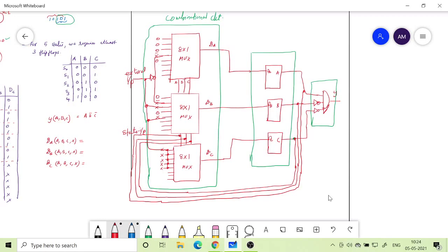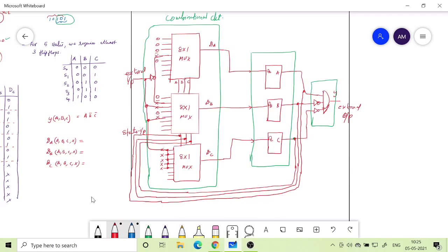So these are my storage element inputs, 3 inputs, DA, DB, DC, and then the output only depends upon the state output. Okay, output from the state controls my final external output. Okay, so that's it.